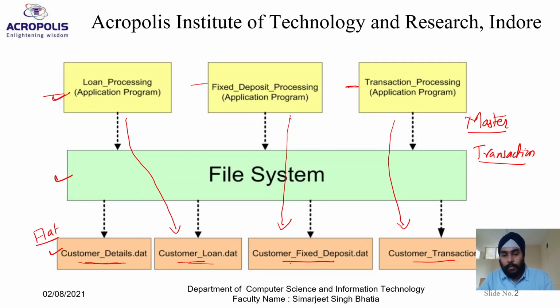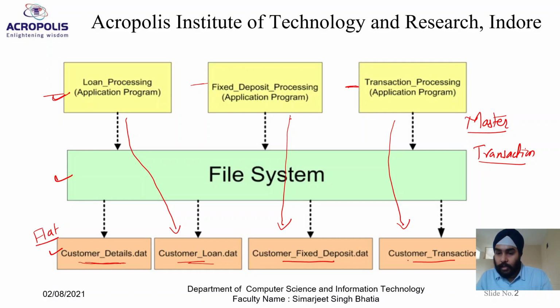Similarly, in the customer underscore fixed deposit file, the details change quickly. It might be possible that in a particular month a customer has opened 4 fixed deposit accounts, and in another month he or she has opened only 1 fixed deposit account, and so on. Similarly, the customer transaction file is the most frequently changing file.